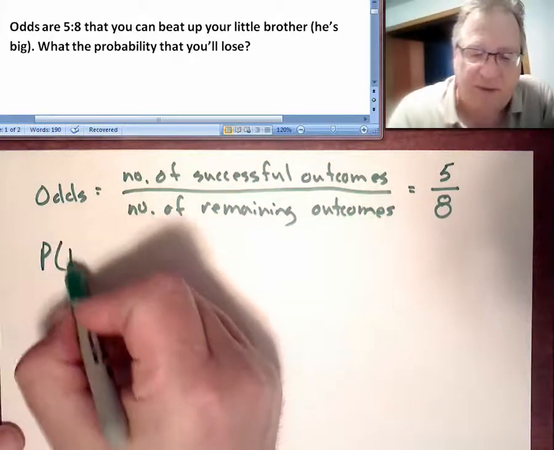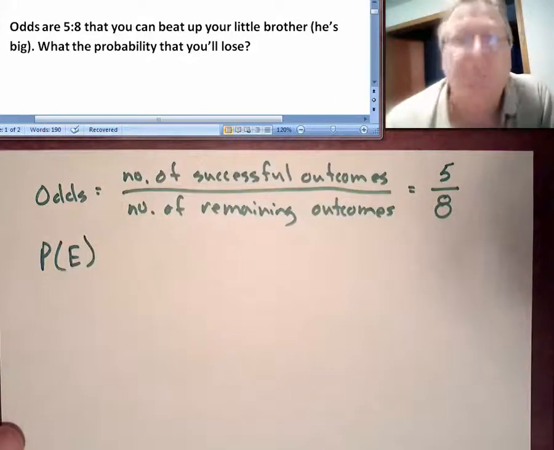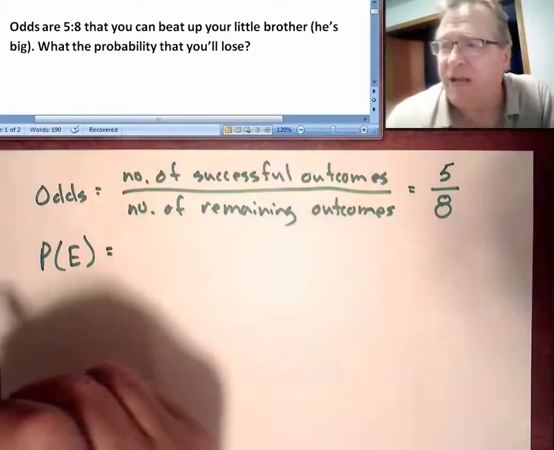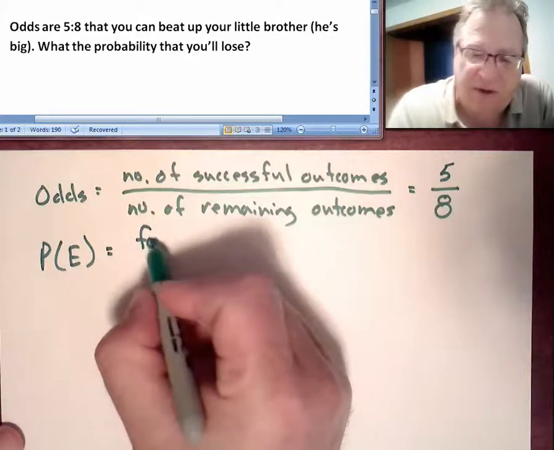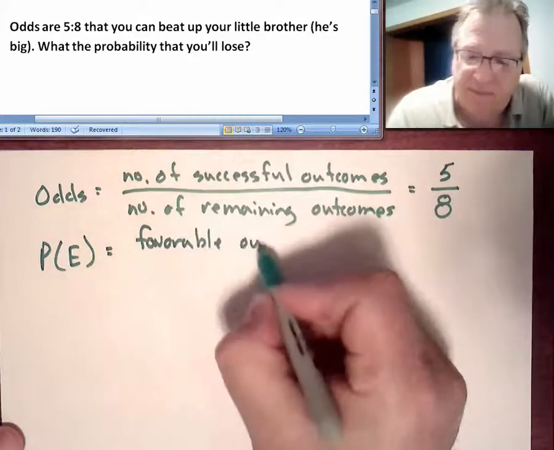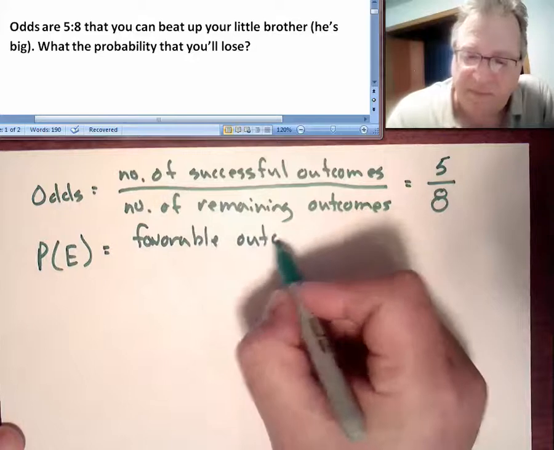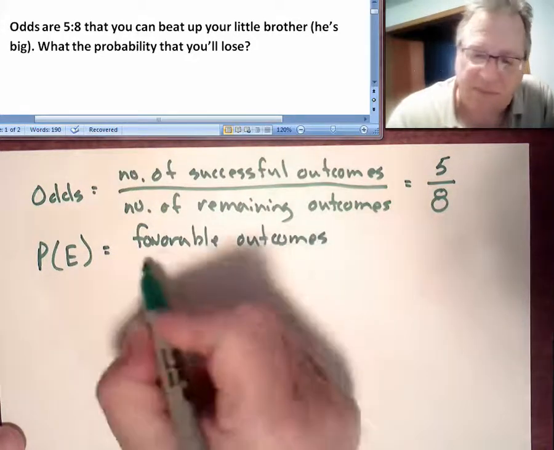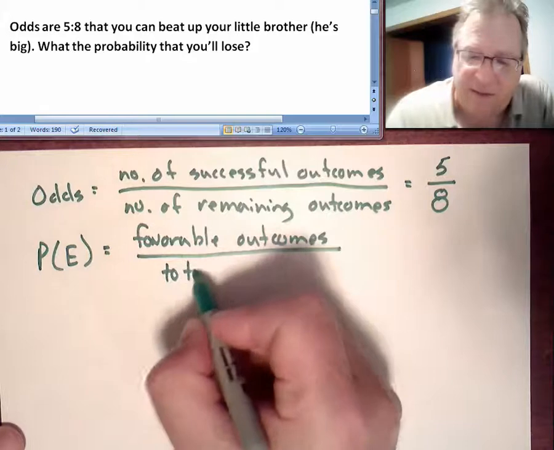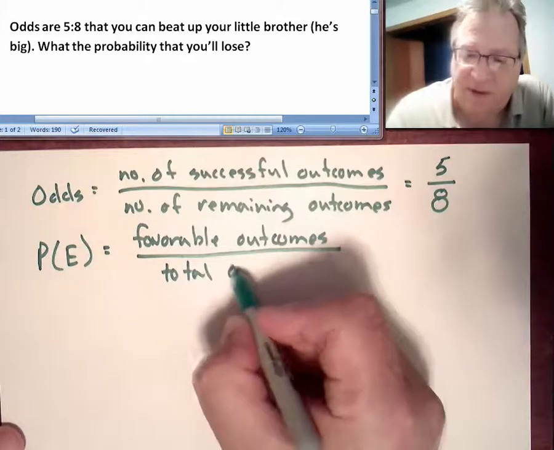Let's write down how we would state this. The probability of event E is equal to the number of favorable outcomes divided by the total number of outcomes.